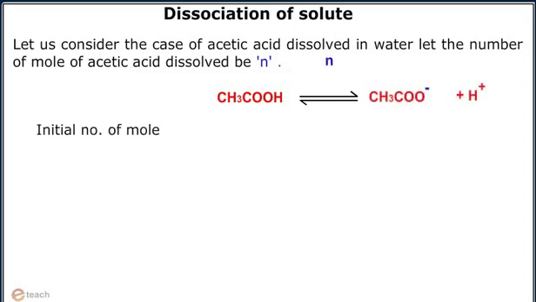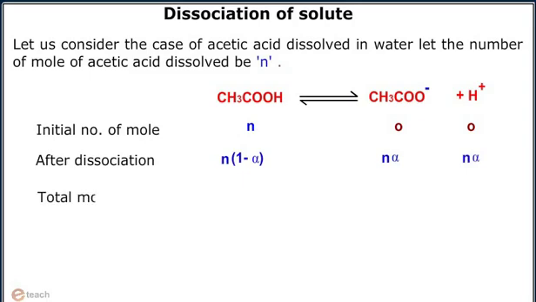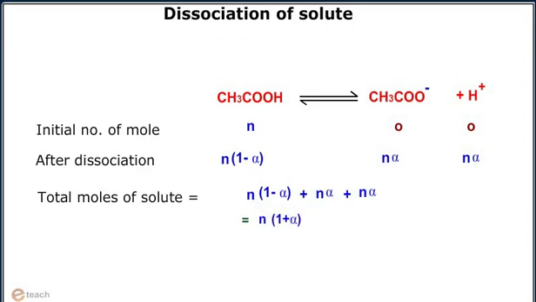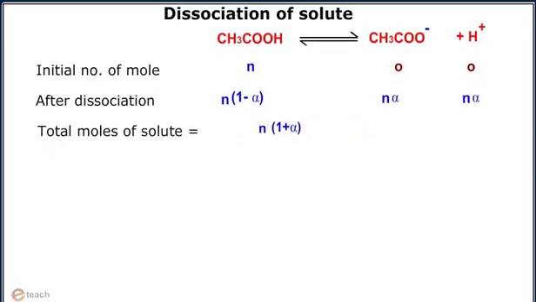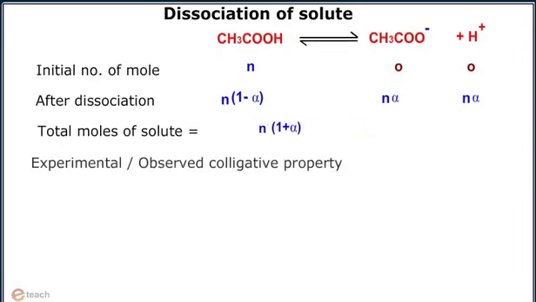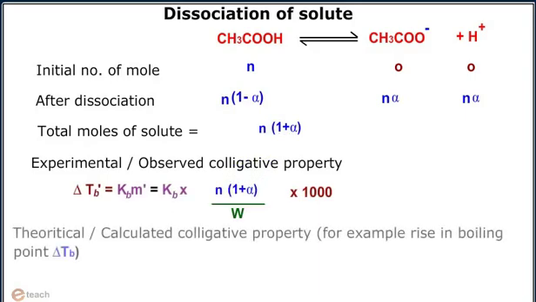Relative lowering of vapor pressure of solvent, (P1 naught minus P1) by P1 naught equals i into n2 by n1. Elevation in boiling point, delta Tb equals i Kb into m. Depression of freezing point, delta Tf equals i Kf into m. Osmotic pressure of solution, pi equals i n2 RT by V.